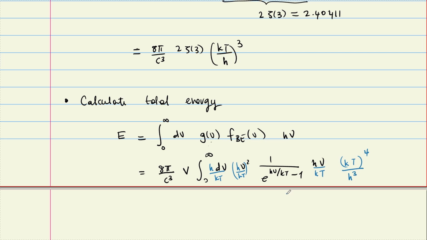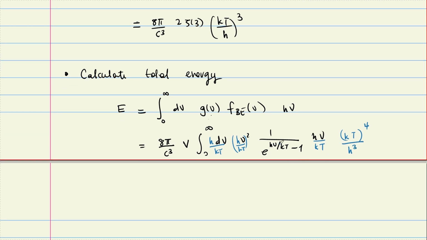So this is h cube. And the total energy comes out to be 8 pi over c cube volume kT to the 4th divided by h cube, and this integral from 0 to infinity du.